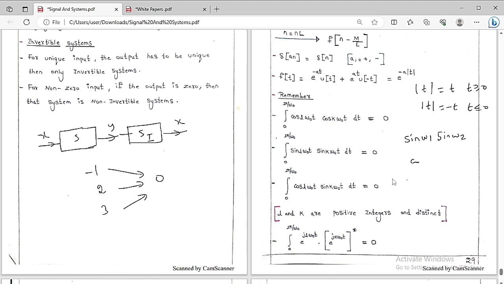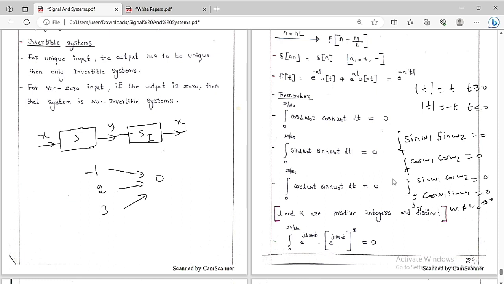Similarly, cos of omega 1 into cos of omega 2, or sin of omega 1 into cos of omega 2, or cos of omega 1 into sin of omega 2, where omega 1 is not equal to omega 2. If you do the integration over one time period, its value is always equal to 0. This point I have already told you so many times.